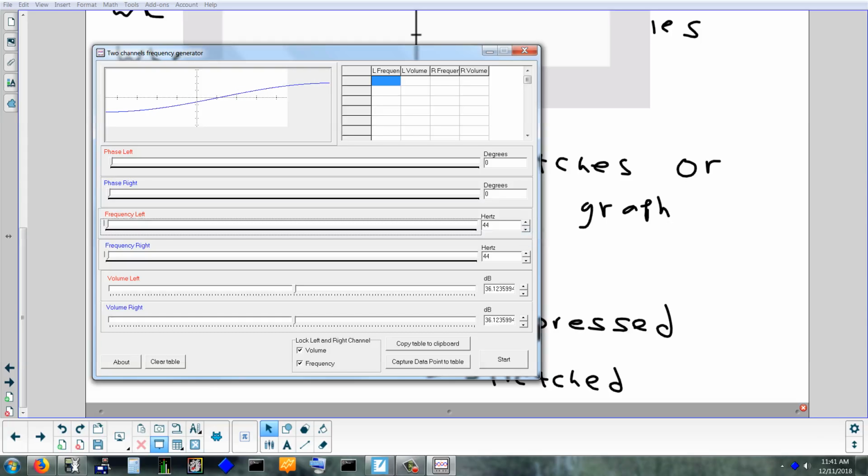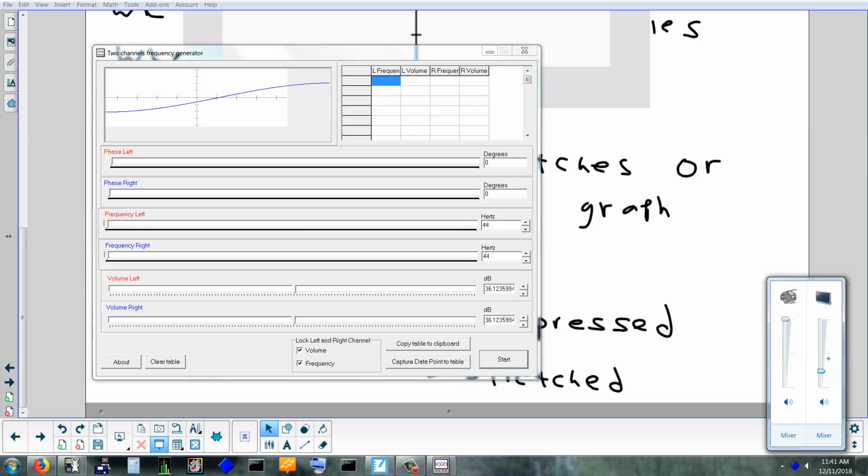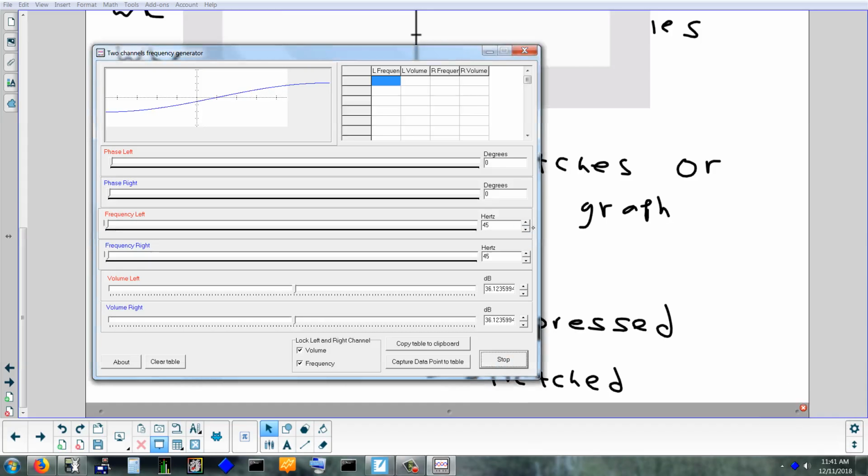So let me play this. Might need a little more amplitude. So there's something vibrating at 50 hertz. And what's really weird, at 50 hertz, I don't even really hear the sound here anymore.